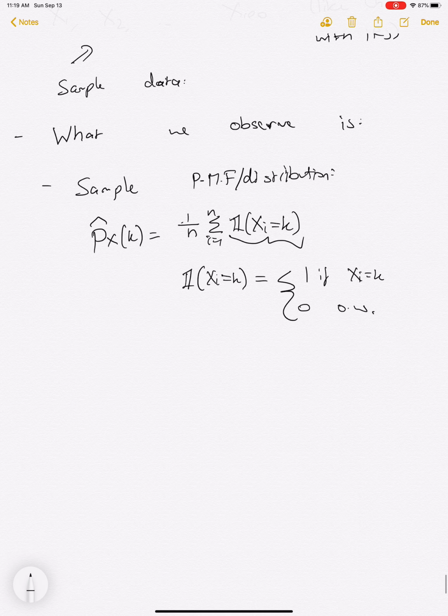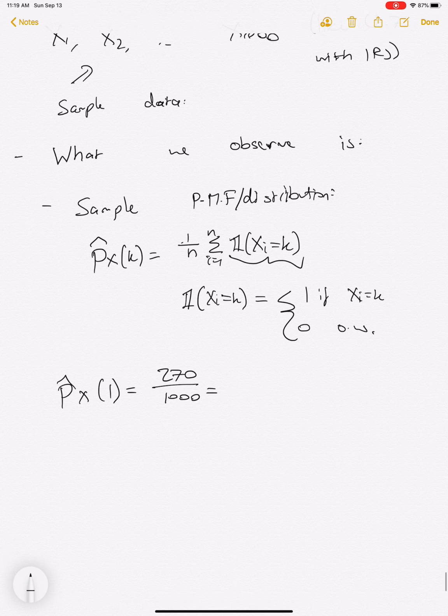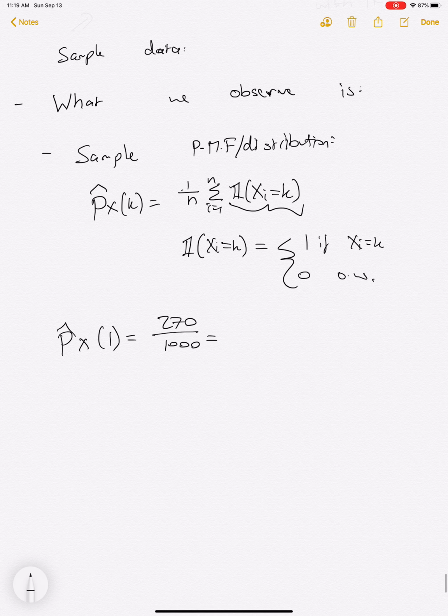Okay, so what we observed in our data was the sample proportion of people who rated the movie as 1 is 270 over 1,000, which, this should be 1,000 people, I'm sorry, which was 0.27.